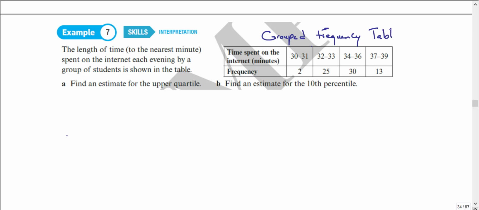Remember this. Whenever you are given a grouped frequency table and you need to find one of the quartiles, Q1 or Q3, or the median, or a percentile, like here, 10th percentile, that's 10%, you need to think of what?